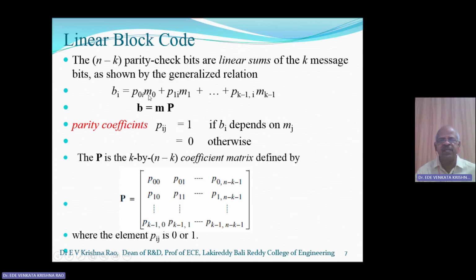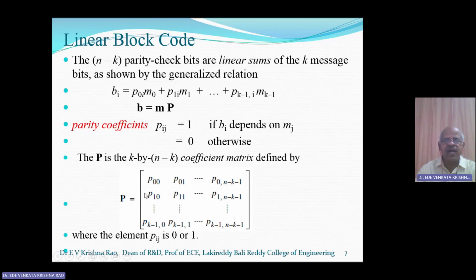There are k message bits m0, m1, m2, up to m(k minus 1), with coefficients p0, p1, p2, up to p(k minus 1) for every ith parity bit. These p are the parity coefficients: p_ij equals 1 if b_i depends on m_j, otherwise it is 0.